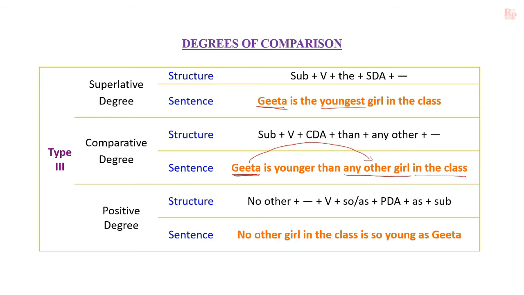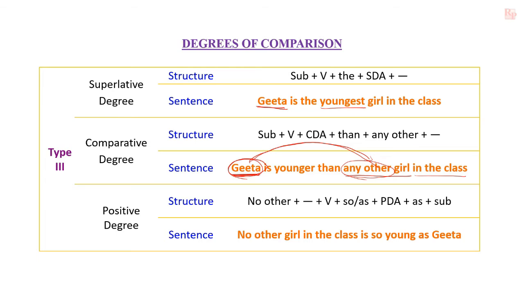So this one is a single girl and this one is a single girl. This girl is compared to this girl and another girl and another girl, like that. Whenever we compare any other girl to Geeta, Geeta is the youngest one. That's why in this sentence, comparison is made between Geeta and some other girl.